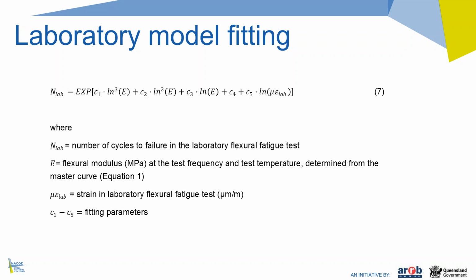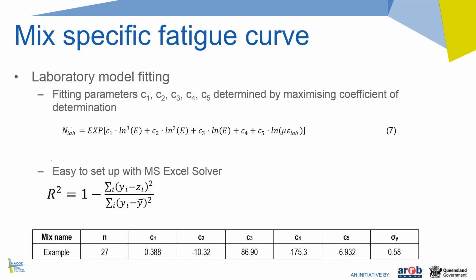So that's the reason why we went for the 5-parameter model. And again, we're predicting the number of load cycles to failure based on the modulus of the material and the strain level in the test, and then we've got 5 fitting parameters, C1 to C5, that we'd be fitting to the data. And we'll be doing that in much the same way as we did with the modulus master curve.